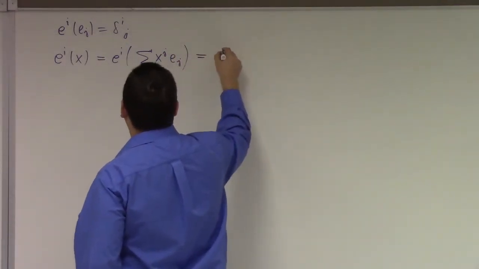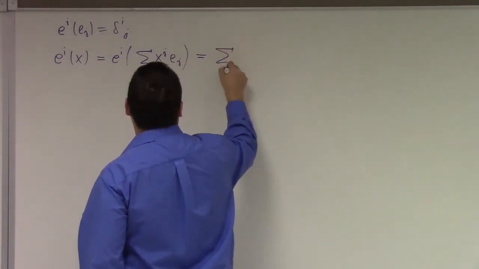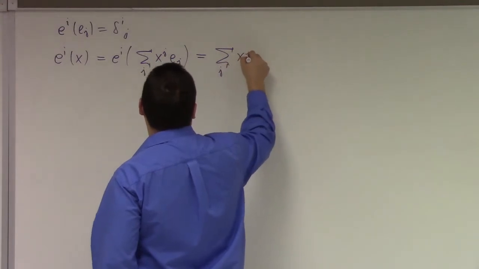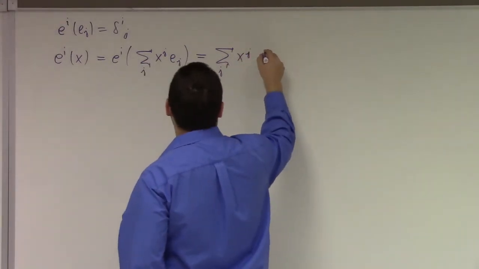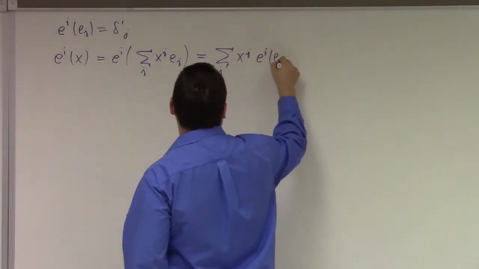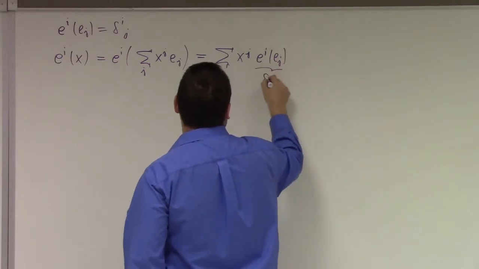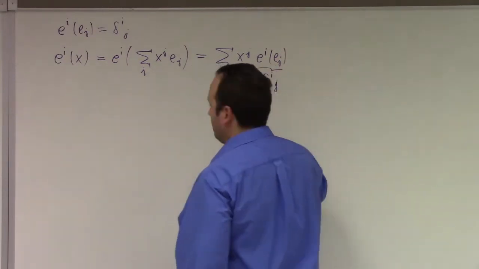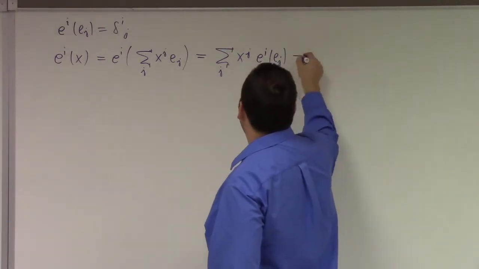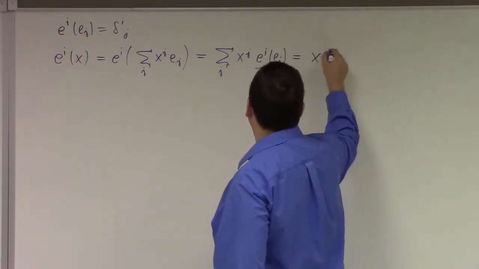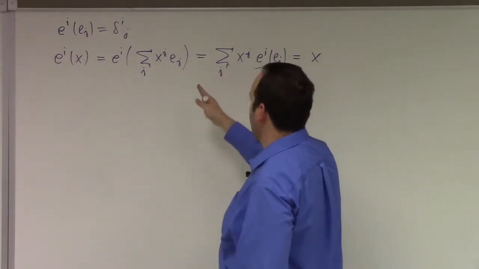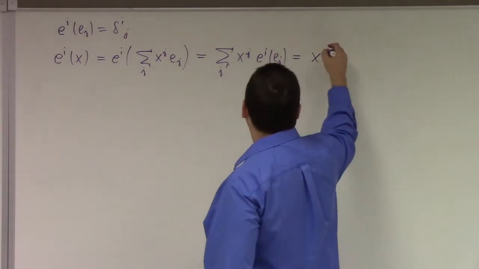And so that is the sum over j of x^j e^i(e_j). But this is the Kronecker delta ij, which is what? So this whole sum collapses down to just x^i.